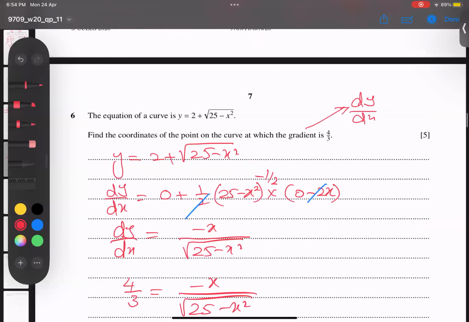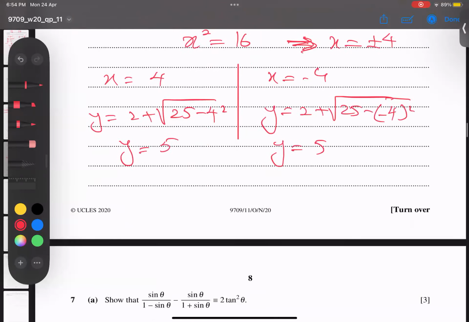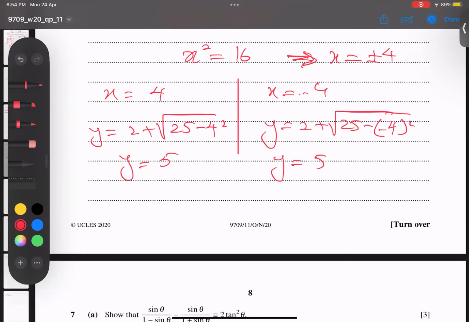Let me check. Yes, okay. So we are getting 2 answers, 1 plus and 1 minus. So the answers are 4 and 5, and minus 4 and 5.